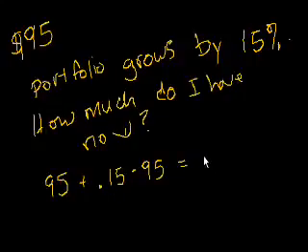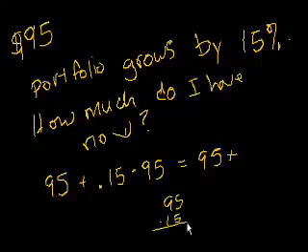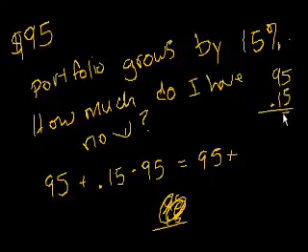So let's just work this out. This is the same thing as 95 plus, well, what's 0.15 times 95? Let's see. Let me do it up here, I think I'm about to run out of space. 95 times 0.15. 5 times 5 is 25. 9 times 5 is 45, plus 2 is 47. 1 times 95 is 95.